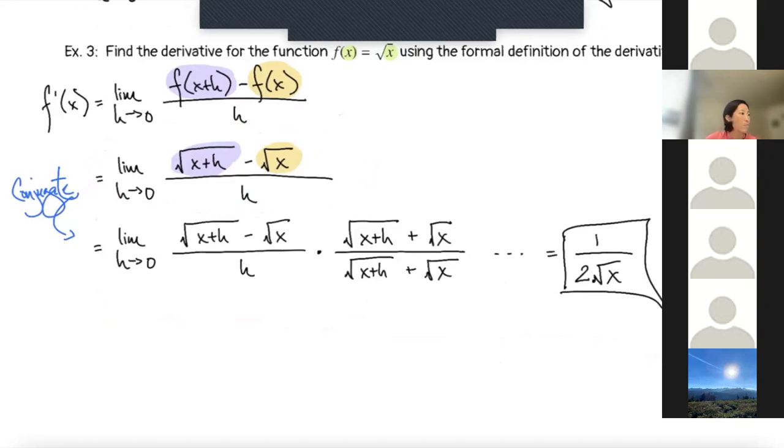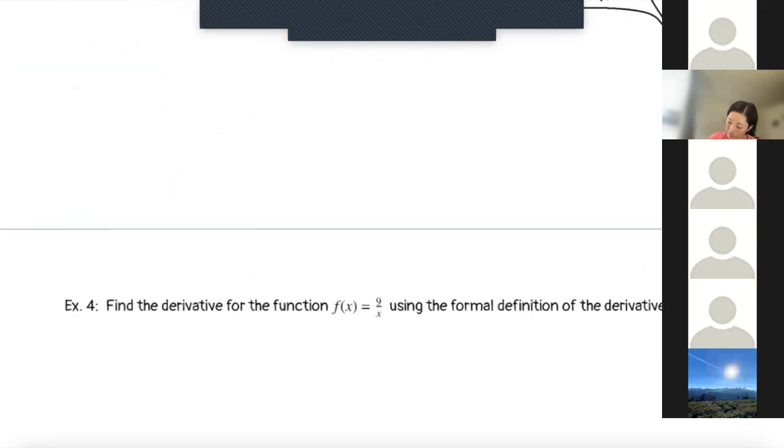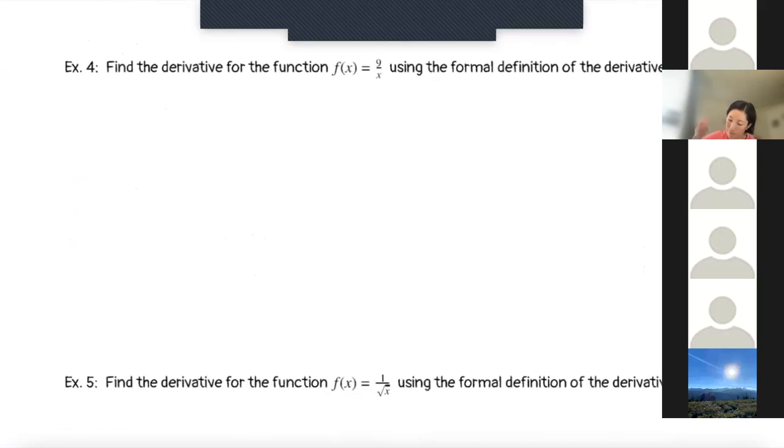All right, let's do one more setup here. And that is for example 4. So it says find the derivative for the function f of x equals 9/x. And so the formal definition tells me that I should write out this same formula.